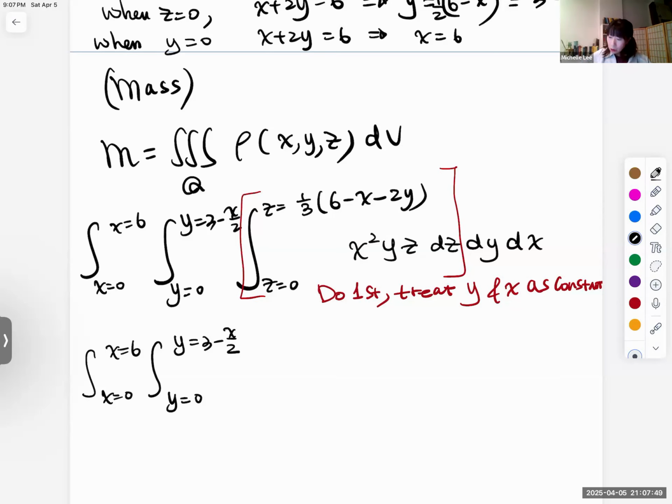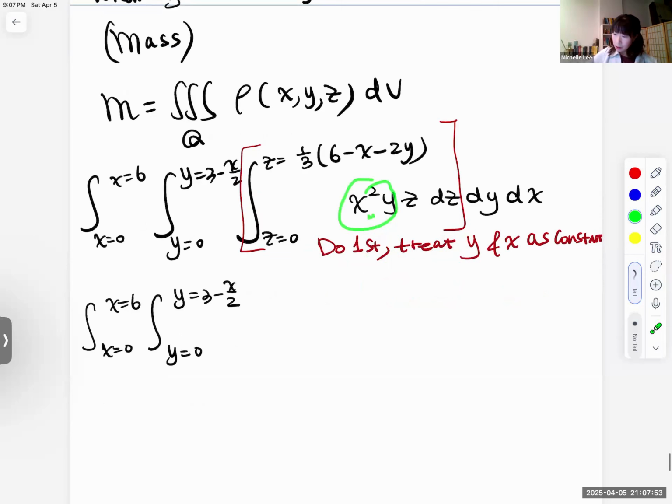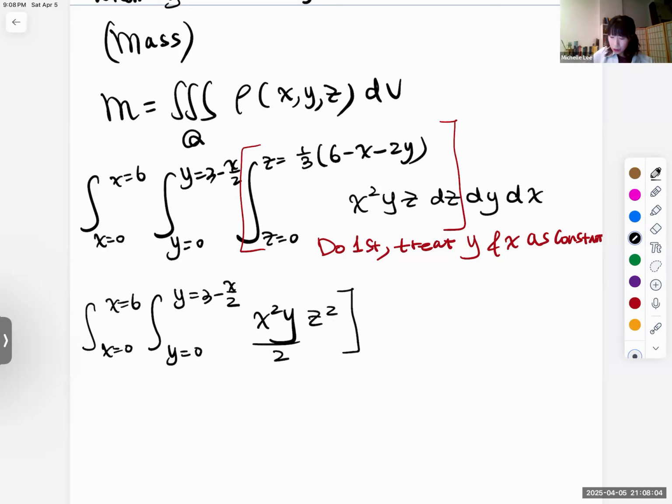So x squared y is constant; keep that constant and integrate with respect to z, giving z squared over 2, evaluated from z equal to 0 to 1/3 (6 minus x minus 2y), dy dx.